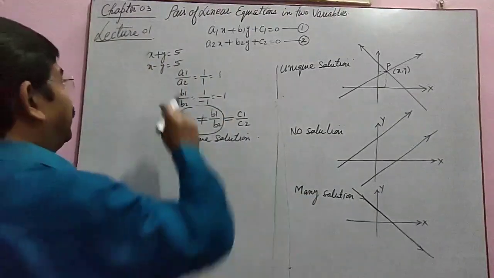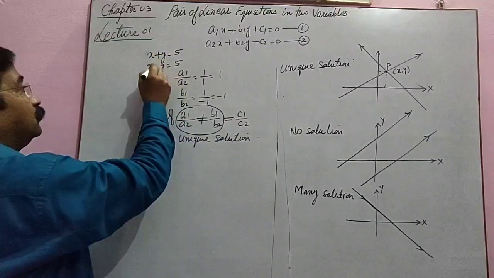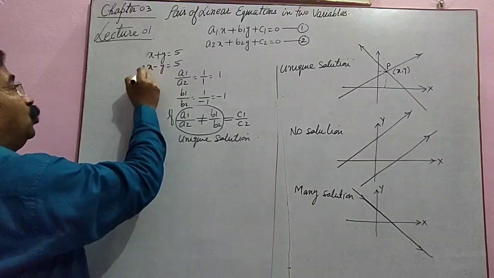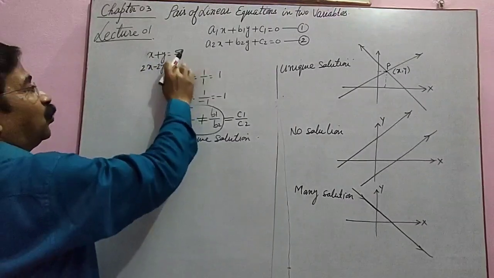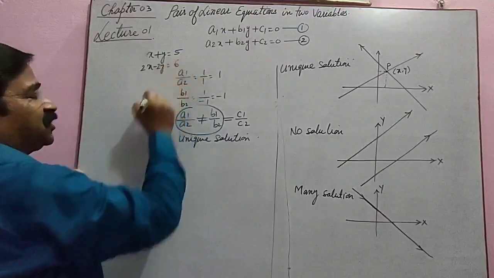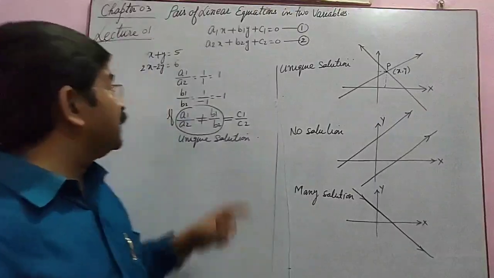Like I am writing it. See this equation. I am writing 2x plus 2y is equal to, suppose, 6. 2x plus 2y is equal to 6.